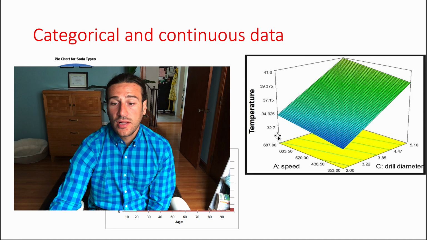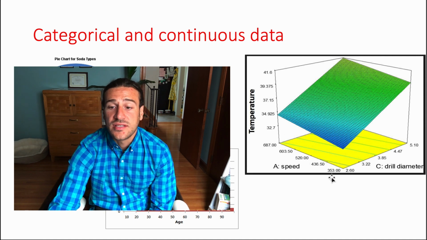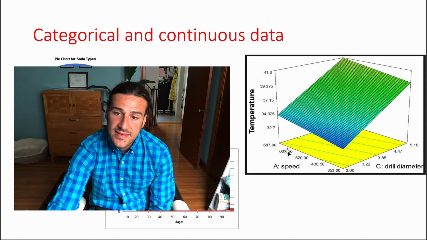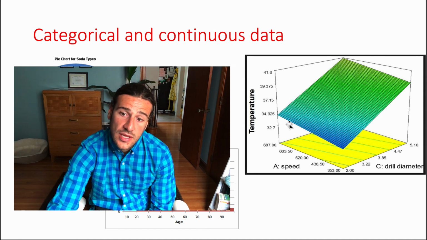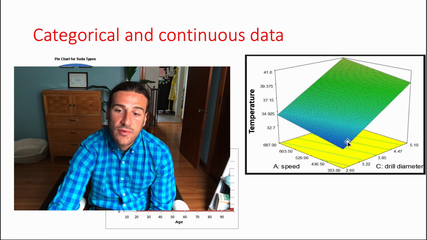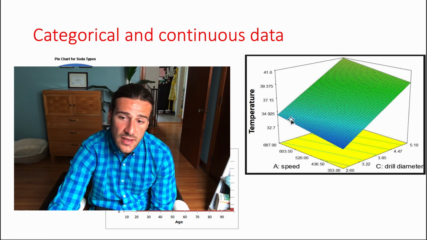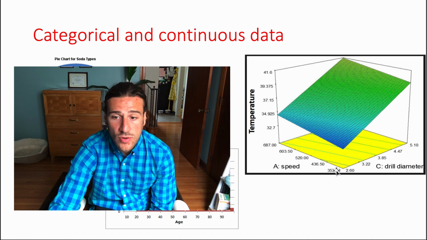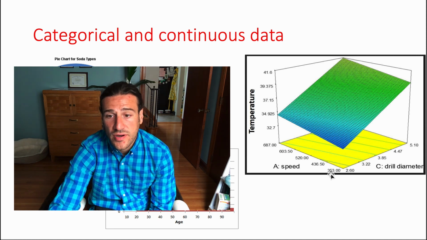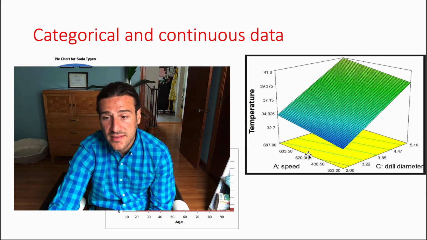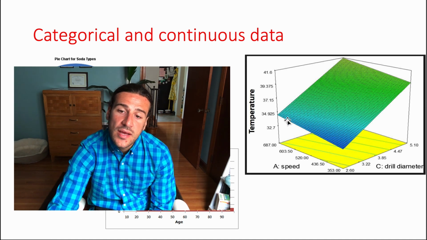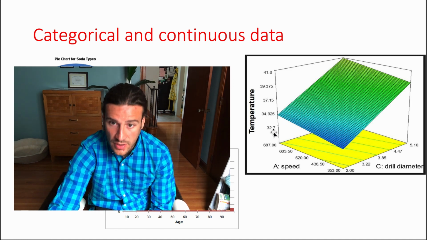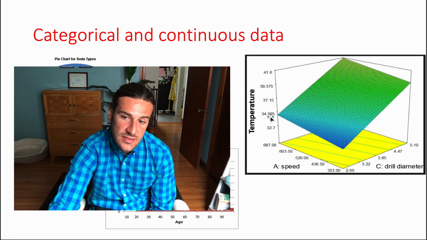Clearly, as the speed of the drill increases, the temperature of the drill also increases, right? These are rotations per second, maybe minute, I don't exactly know, but as you increase the RPM, the temperature of the drill also increases.